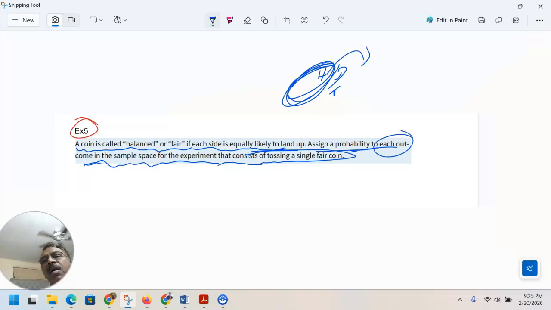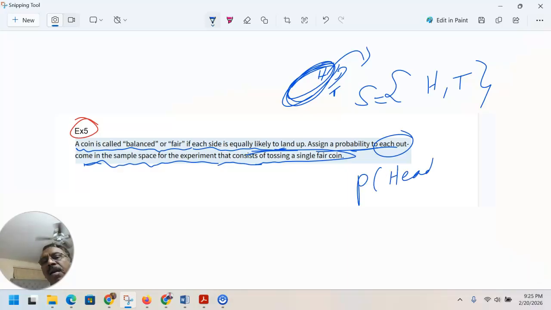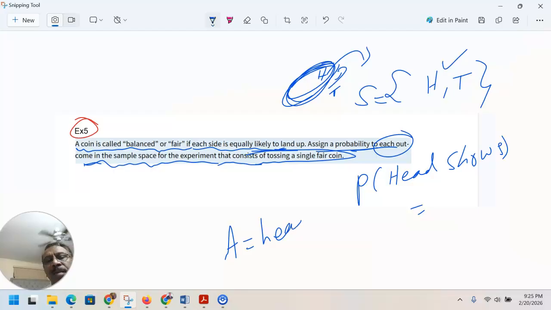So when you toss a coin, you have sample space head and tail. So this is the sample space, and the probability that a head shows up. Let me write that the event is head shows up, and there is only one head. So it is like saying an event A is head shows up.